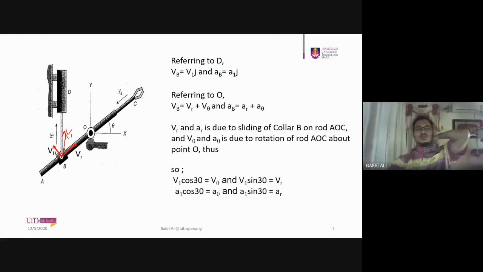Normally this question needs us to find the omega of the bar OA. For omega we need to use V theta.